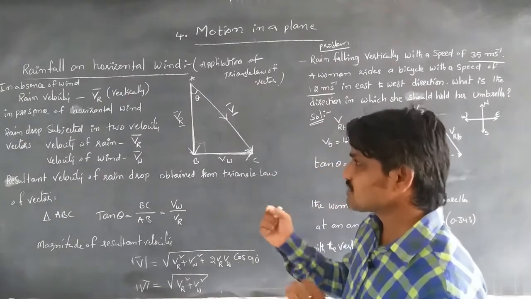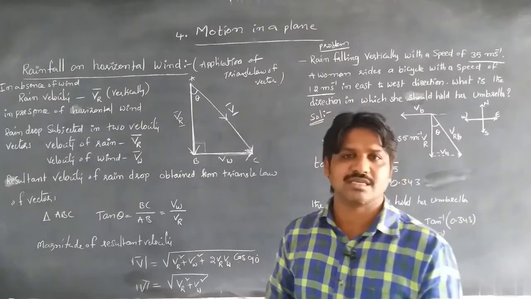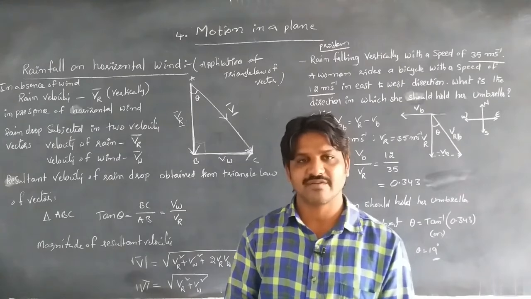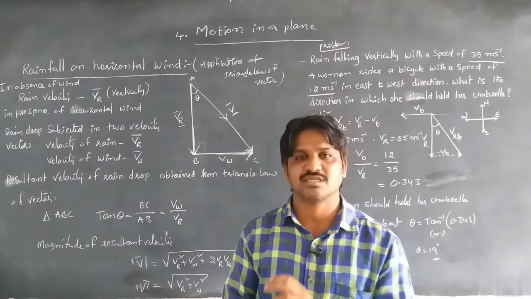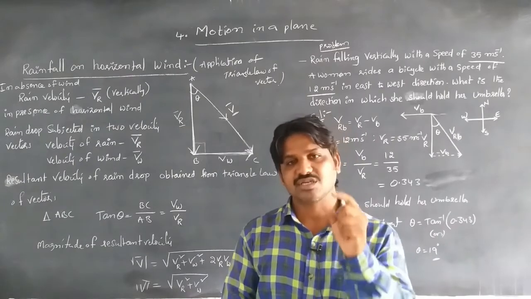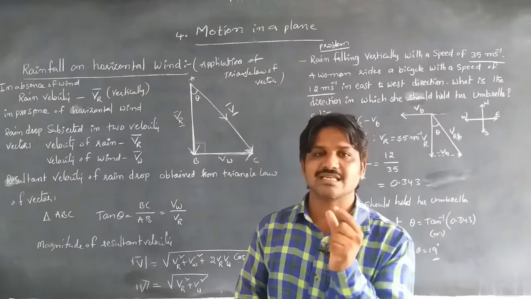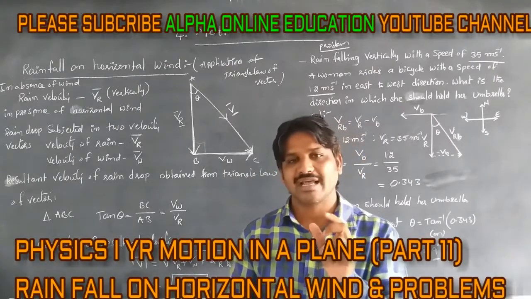Once again, in the absence of wind the rain falls vertically downwards without any deviation. In the presence of a horizontal wind, the raindrop velocity can be resolved into two velocity vectors: the velocity of the rain and the velocity of the wind. So the resultant velocity of the raindrop can be obtained from the triangle of vectors.